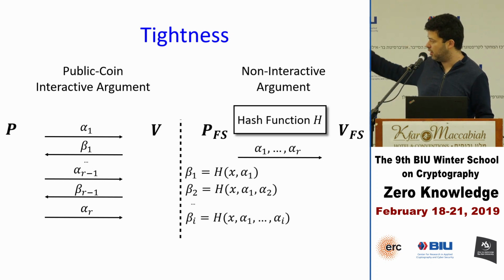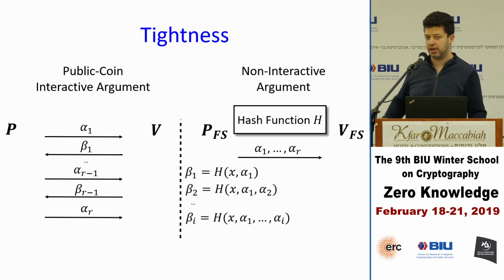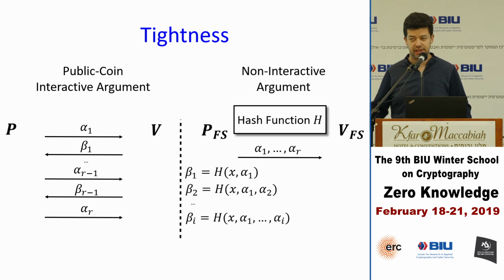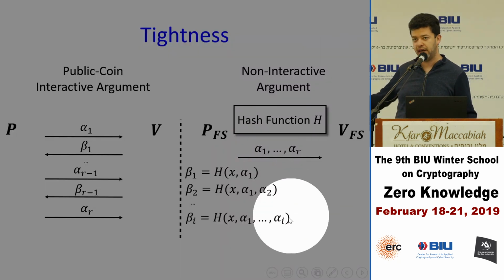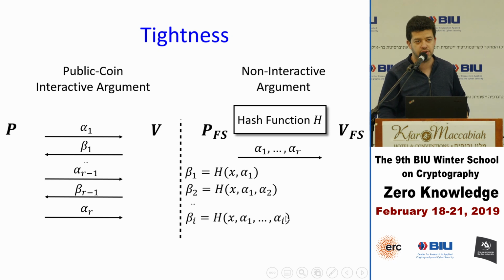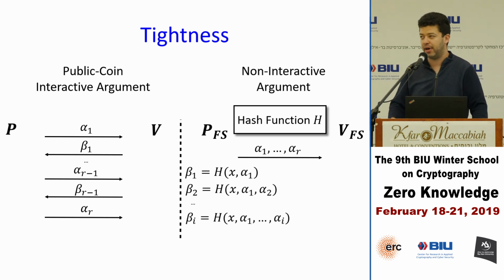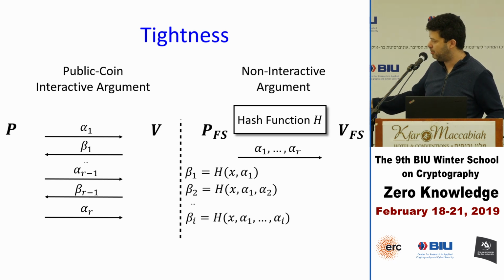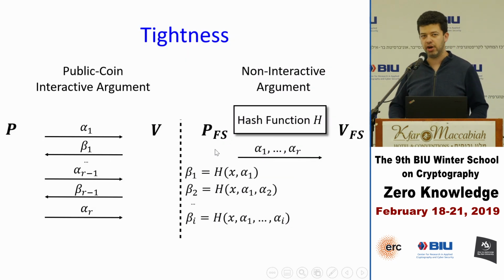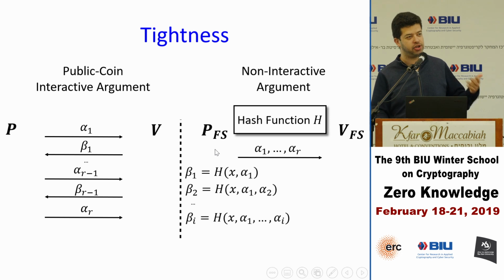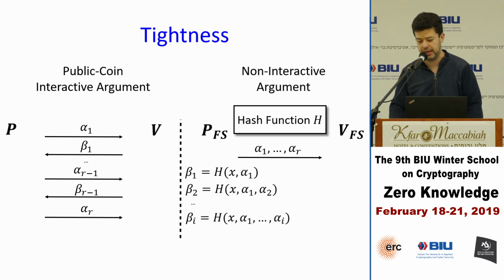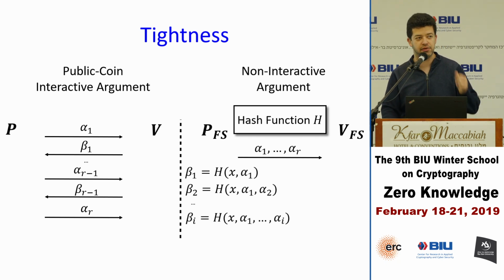This is an example of a protocol with a super constant number of rounds and negligible soundness error on the left. But after you compile it, it becomes totally insecure no matter what hash function you use. By the way, I think many people in our community are not aware of this, and there are papers that apply Fiat-Shamir to multi-round protocols without arguing why it should be sound. So it's good for people to know.